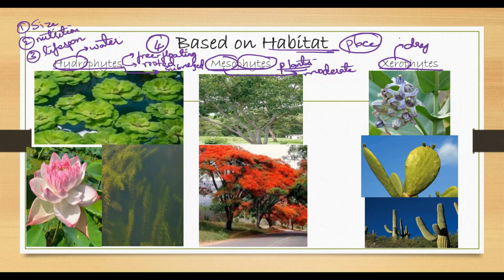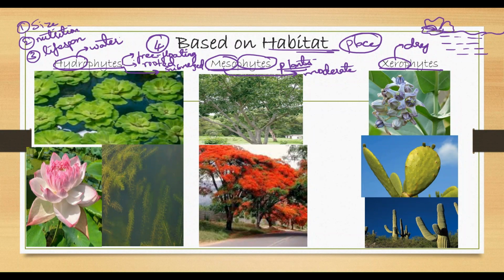What does it mean? Let's understand. For example, this is your water body, let's consider this is your pond or lake. Free floating hydrophytes are the plants which float on the water body. They are not submerged, but they float on the water body.